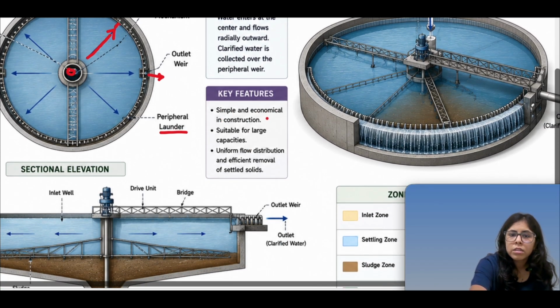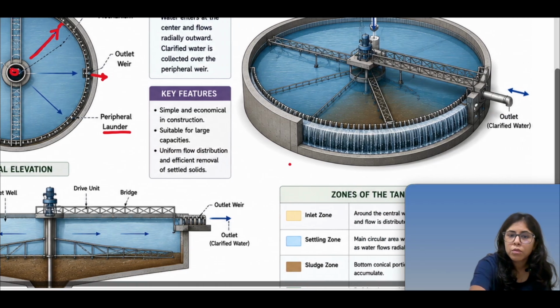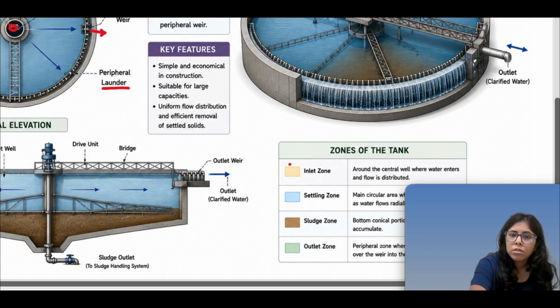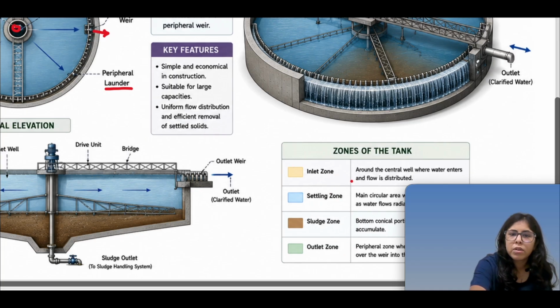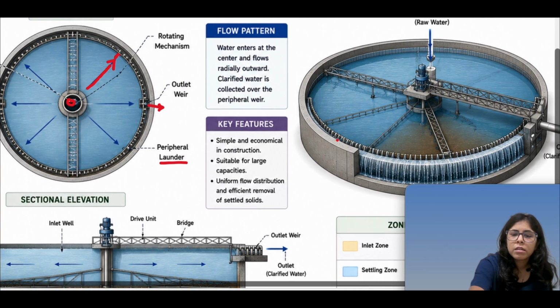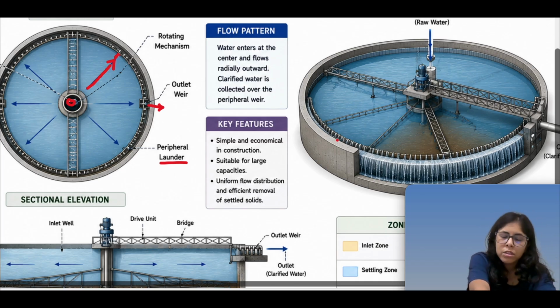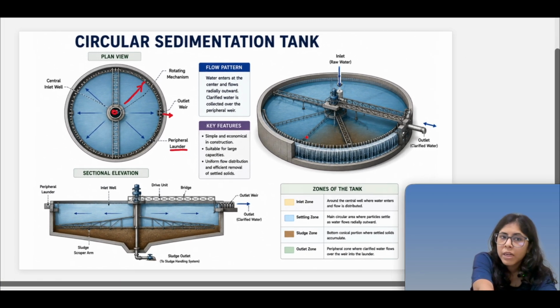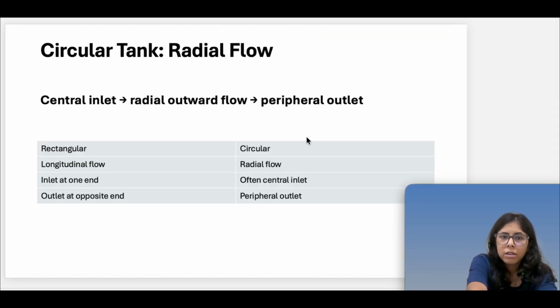Now it's simple and economical in construction, suitable for large capacities, and we can have a uniform flow distribution, and it's an efficient way to remove the settled solids. So we have inlet zone, settling zone, sludge zone, outlet zone that we know, right? So it's similar to that, but the working goes on exactly as it did in a rectangular tank, only it's built differently than the rectangular one, right?